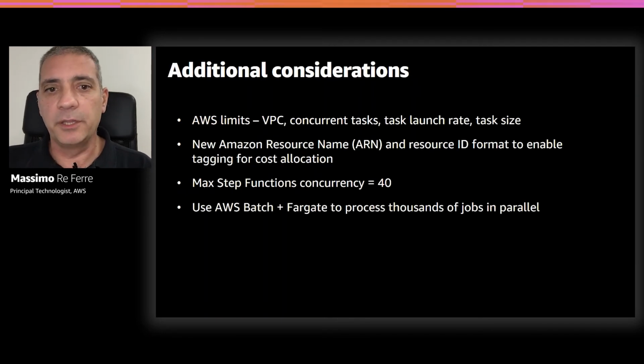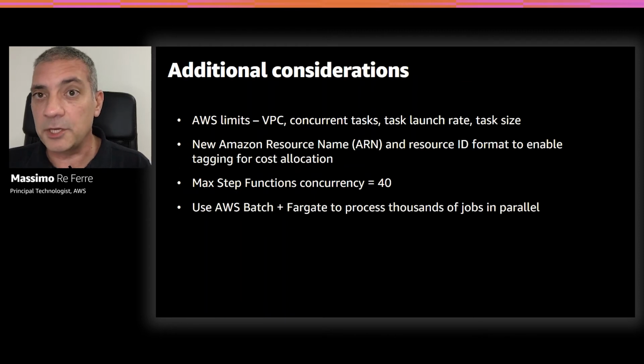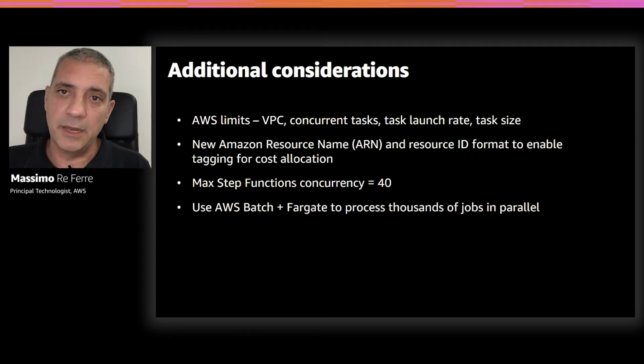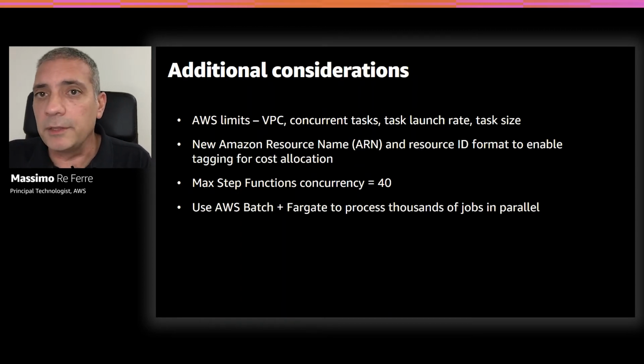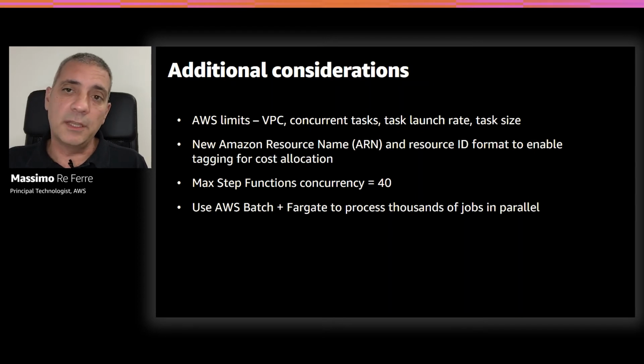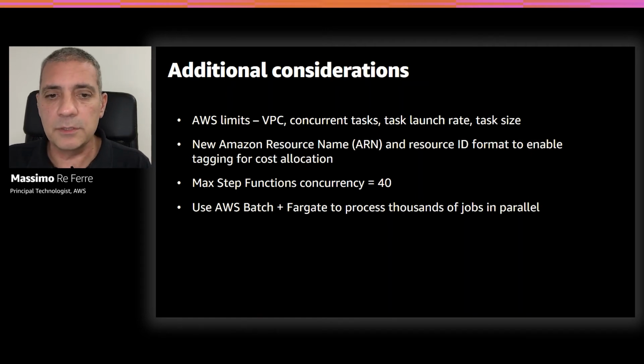I have already touched a little bit on some of these considerations that you need to take into account. Like, for example, the AWS limits. There are limits that you need to deal with in terms of how much throughput you can get for starting tasks on Fargate. If you use AWS Batch, it is aware of these and can control these things. There are a few others, like in terms of scale.